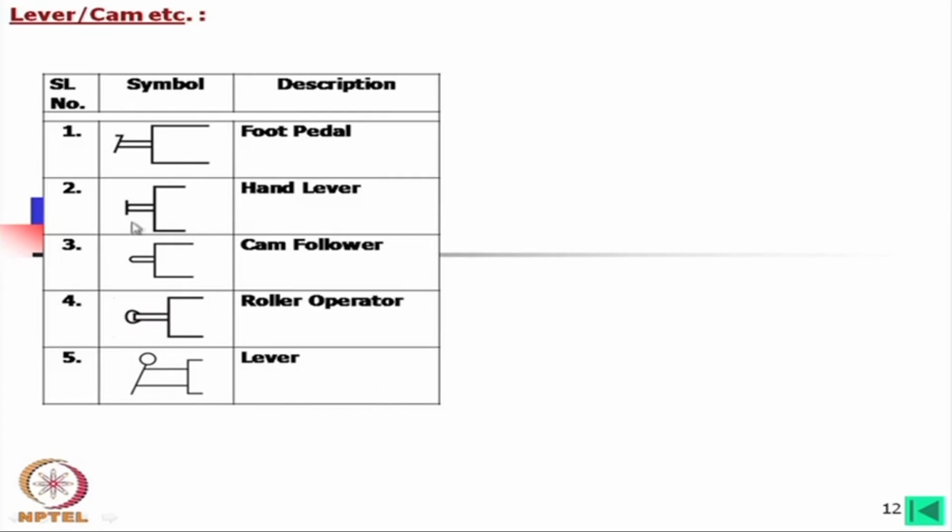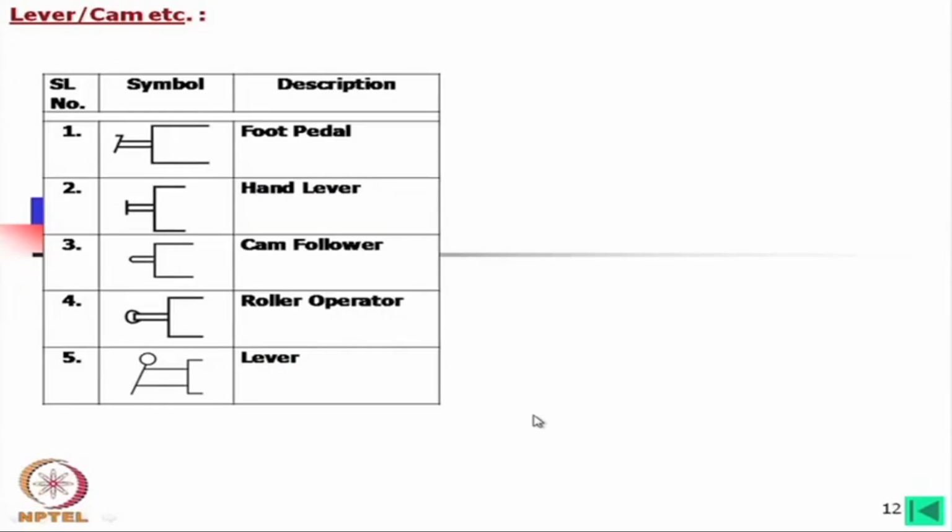Now, hand operated means in many cases you will find a lever, say on a manual valve. The lever means that usually one point is fixed and some intermediate point, or maybe the extreme point, is there to move the other component. One is the fulcrum point, another is to move the component. So, that is a lever, and a hand lever may be that one also.